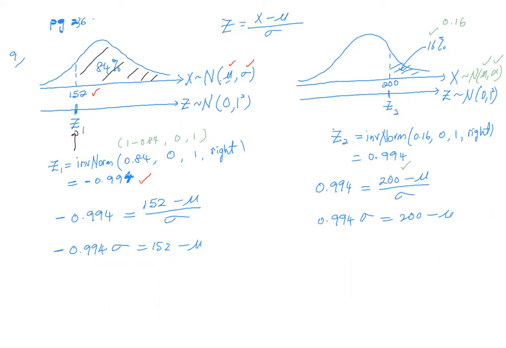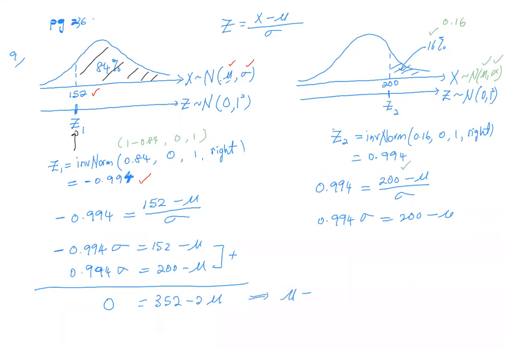So now I solve these two equations. What I do, I add. So I have 0 equal to 352 minus 2 times the mean. Therefore, I get the mean equal to 352 divided by 2, so I got 176.